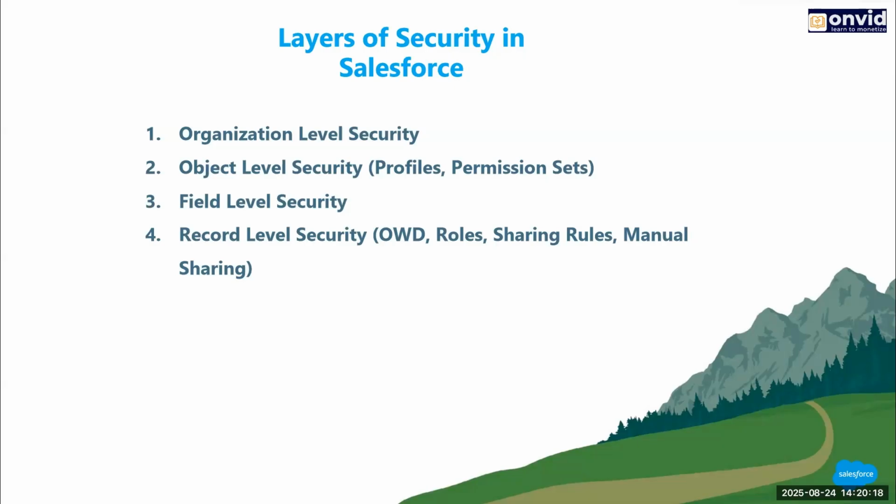Let's say there are some customer representatives. If you take the example of Amazon, let's say there is an object called account. I don't want the sales representative to have access to the account records, so I won't give them access to the account object. Rather, I will give them access to the case object.